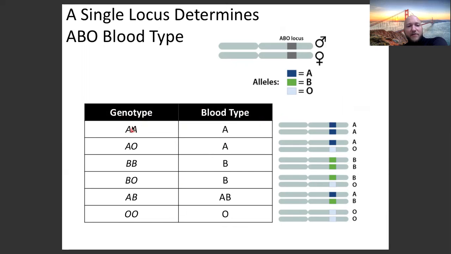If you have an A allele, A is going to show up in your blood type phenotype. If you have a B, B is going to show up in your blood type. If you have O, it's only going to show up in your phenotype if you're OO.